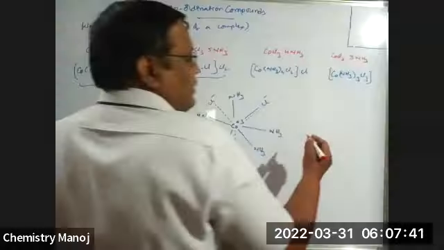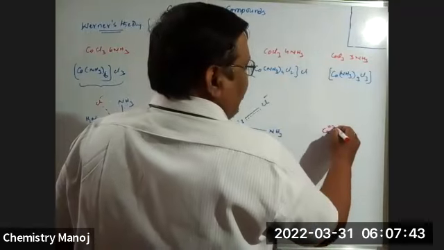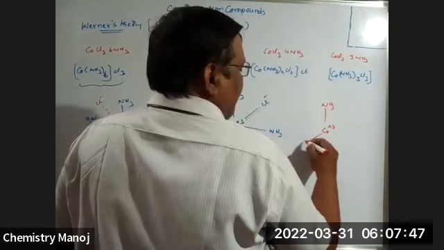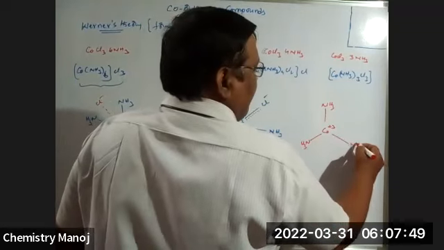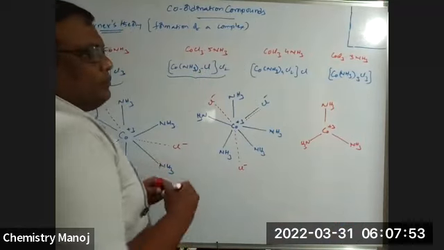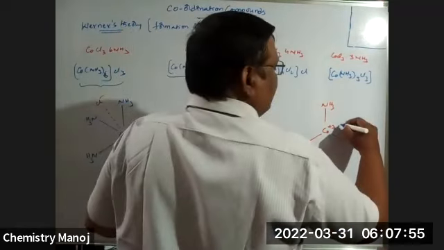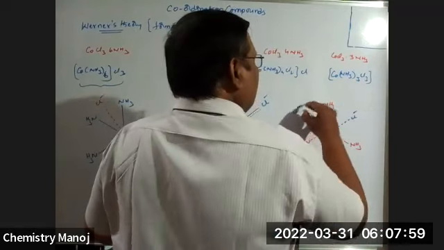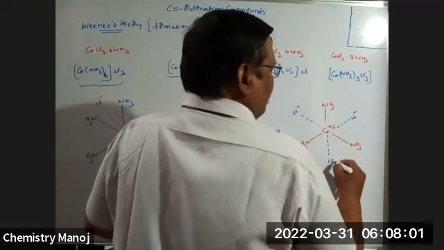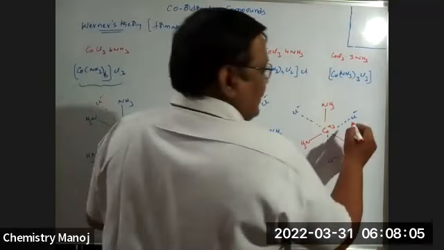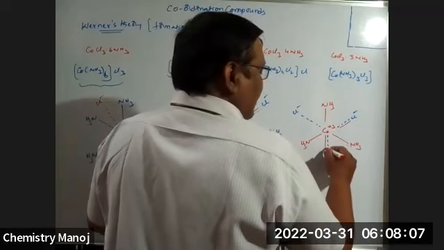So now I'm drawing a structure for this one. See here, cobalt plus 3, 3 ammonias, my dear, NH3. 3 chlorines satisfy here primary valency and also satisfy secondary valency.